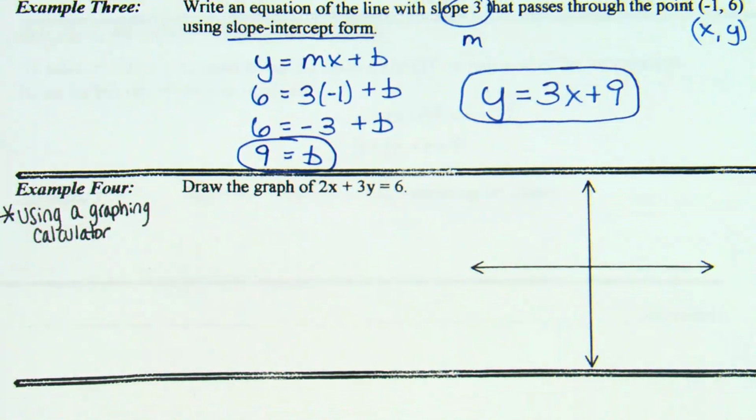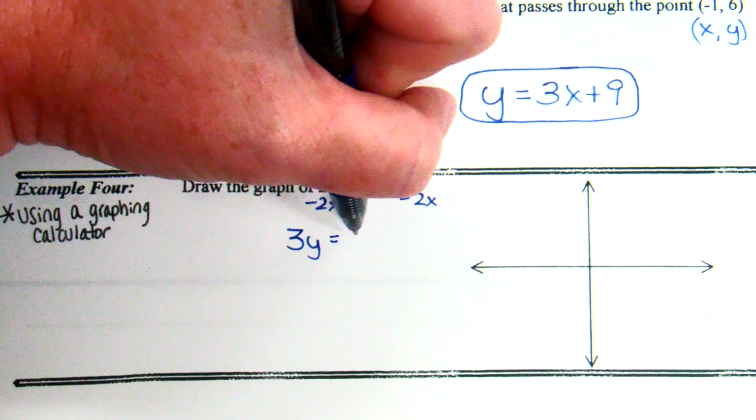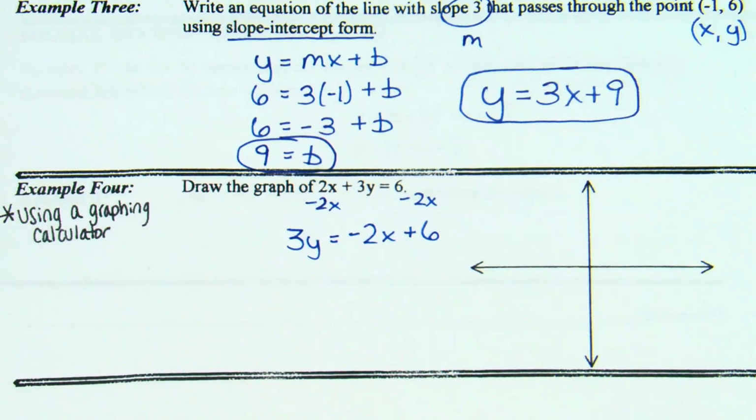So can I graph this equation as is? No. So first things first, before we even go to the calculator, let's solve this for y. Honestly, just like if we were graphing it by hand. How do I solve this for y? Start by, we're working to get 3y by itself, so move 2x. So if I subtract the 2x, I now have 3y equals, you can write 6 minus 2x if you want.